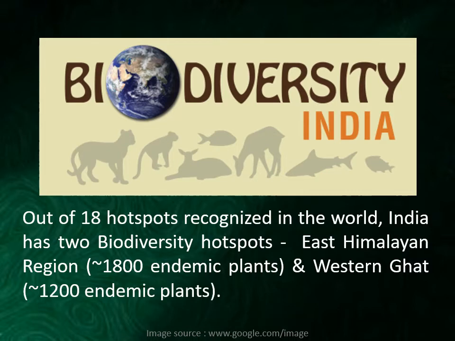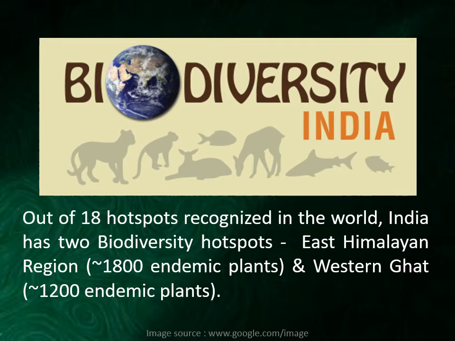If you see the distribution of biodiversity, the northeast Himalayan portion hosts about 1800 endemic species of plants. That means these plant species are only found in this region. In no other place in the world are these plant species recorded or found.